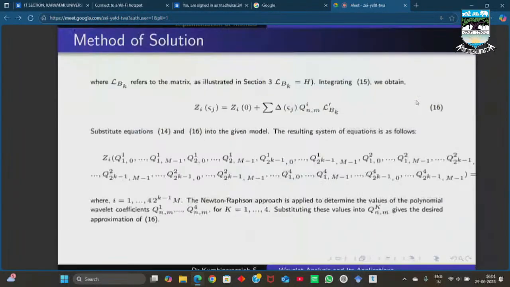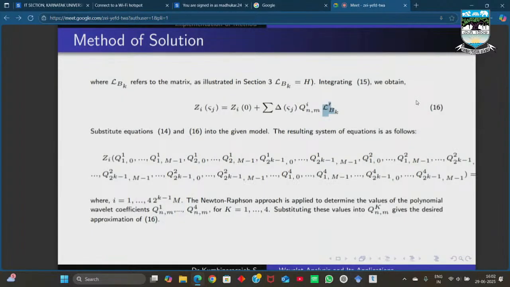This is going to be a matrix, because H I have defined in the previous operational matrix of integration. Therefore, L_kb is nothing but your H. Here, for my notation, I have represented it by L_bk to represent the subintervals, in which intervals I am going to approximate. That's why I represented L_bk prime. So equation number 16 is nothing but Z of xi at your respective collocation points.